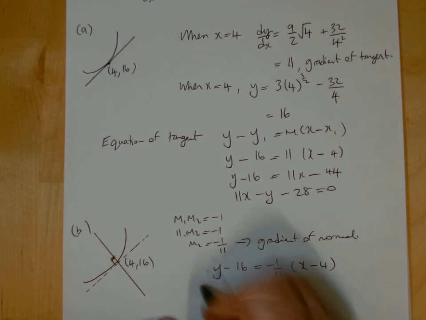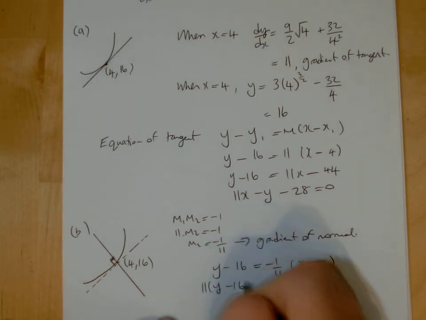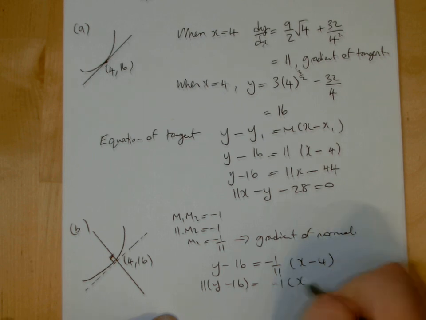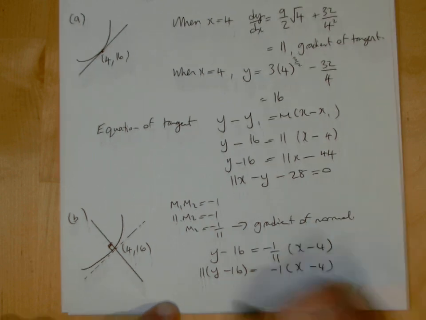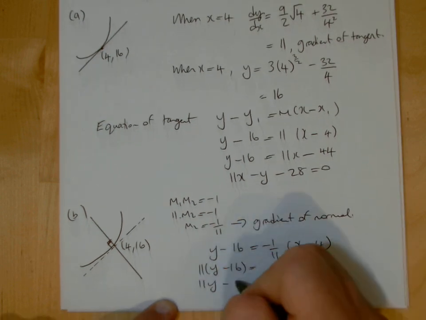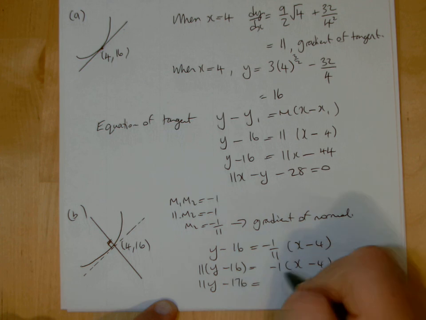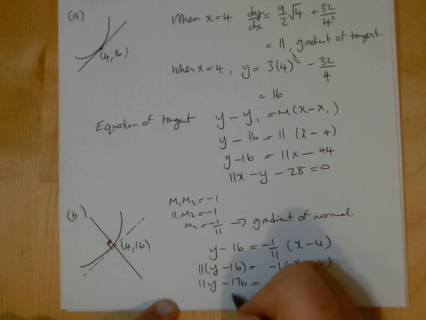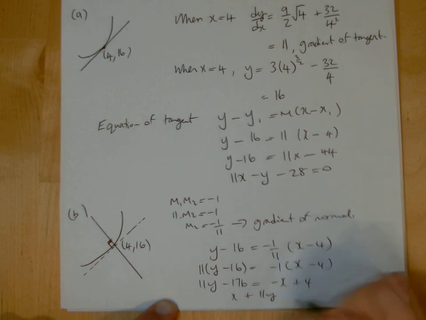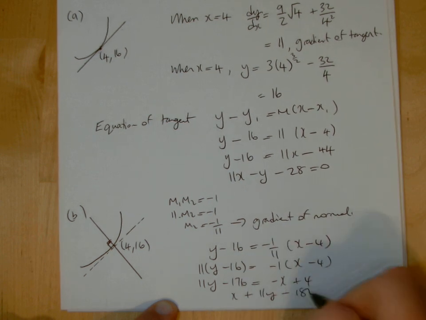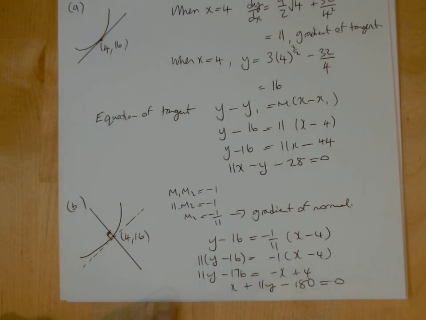So you take that 11 up. Don't forget you've got a minus 1 here. So you get 11y minus 176. Multiply through by the minus, you get minus x plus 4, and then you can leave it in a nice format to finish off. So get everything maybe to one side, and you've got your final answer there for the equation of the normal.